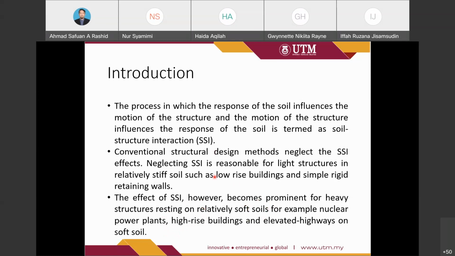However, for a light structure resting on very stiff soil, it is not very important to include SSI in the design.